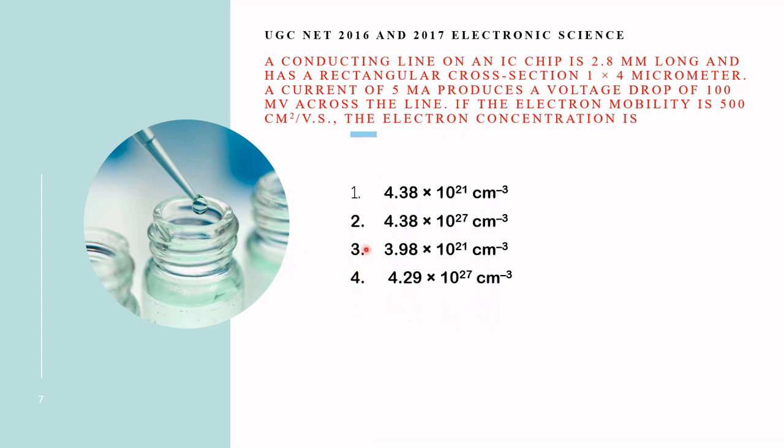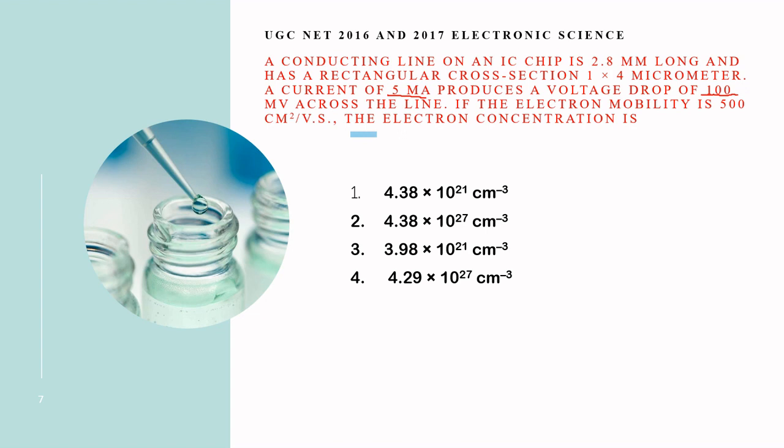Okay. So what is the answer and how do we solve this problem? First of all, what are the given values? Here we saw a voltage drop of 100 millivolt across the line, and 5 milliampere current produced.